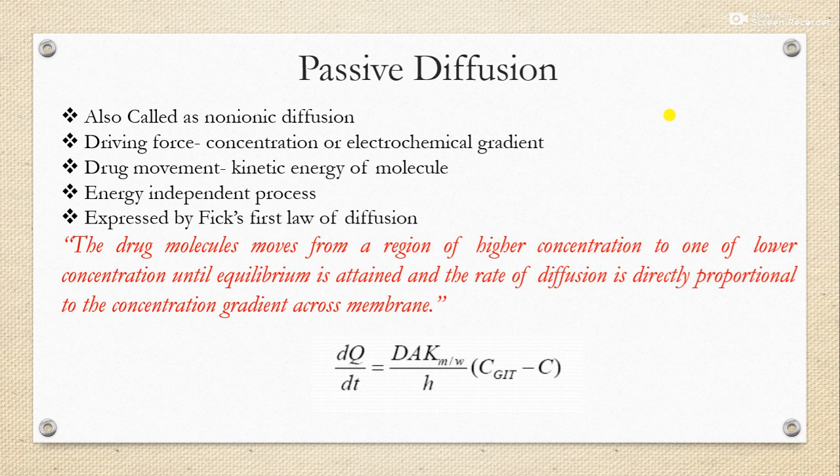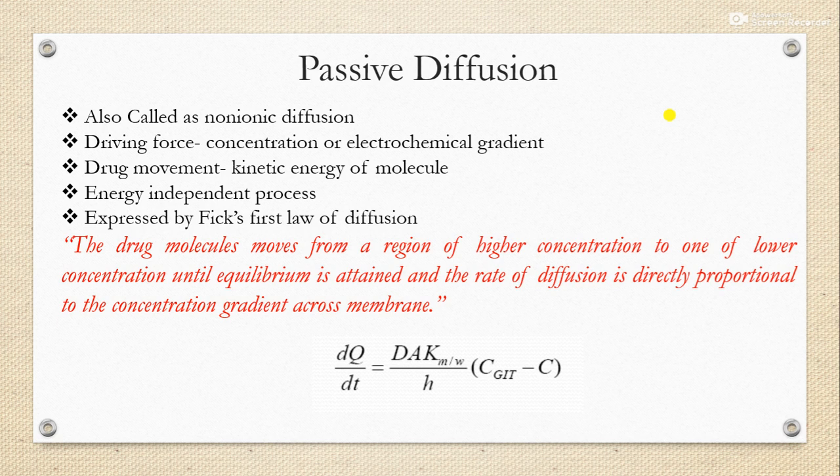Capital D in the equation represents the diffusion coefficient of the drug through the membrane. A refers to the surface area of the absorbing membrane for drug diffusion. Km/w is the partition coefficient of the drug between the lipoidal membrane and the aqueous GI fluids.